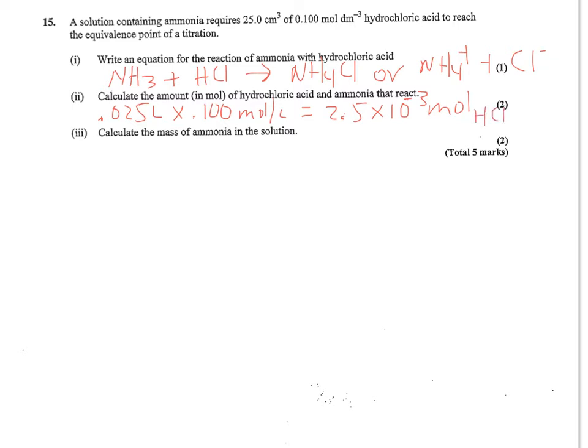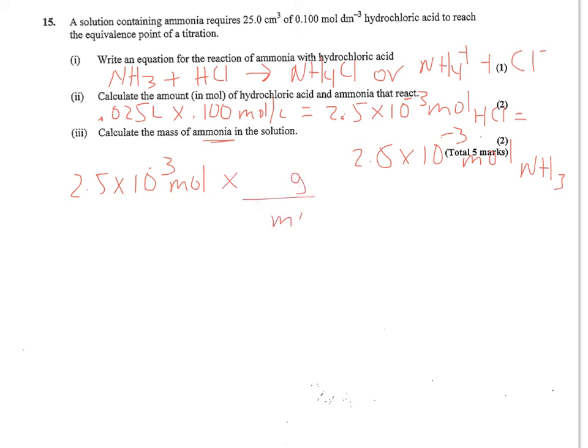And because my HCl and NH3 simply combine in a 1-to-1 ratio, this is also equal to my moles of NH3. So then calculate the mass of ammonia in the solution. Since I know my molar amount is 2.5 times 10 to the minus third, I could take that times the molar mass of ammonia. Nitrogen and hydrogen is going to be 17.04 grams per mole, and I can expect a mass of just 0.0426 grams.